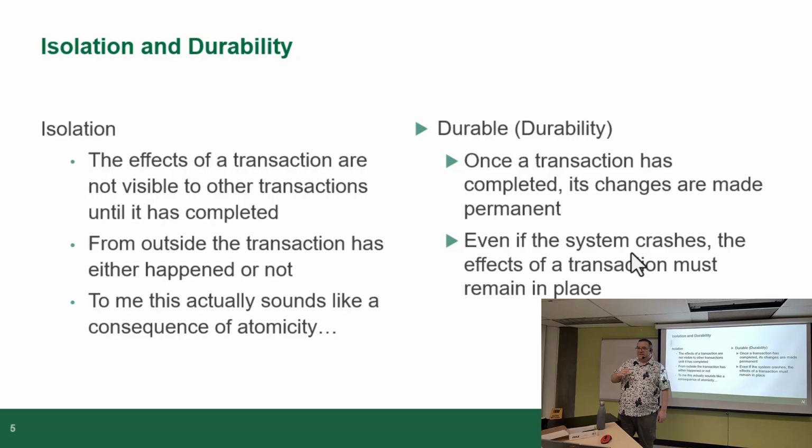Is means the transaction finished and was committed. Isn't means it started and might be running, who knows, but either it exists or not. This is actually a consequence of being atomic, because the entire thing behaves as a single task.